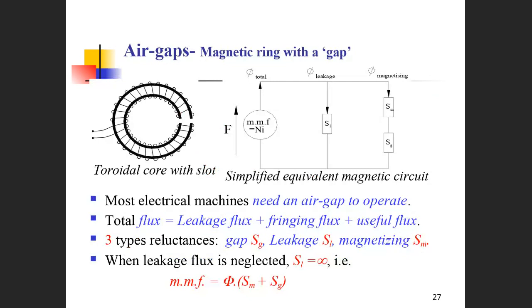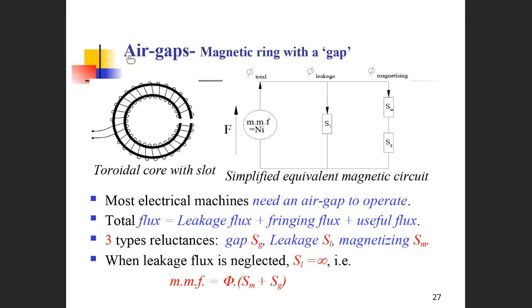Example 2, we have studied in the tutorial sessions on Tuesday. In practice, we are not just using the magnetic materials as the core of coils. Once again, we use the toroidal coil as an example. In many cases, we can have a small cut in the ring.